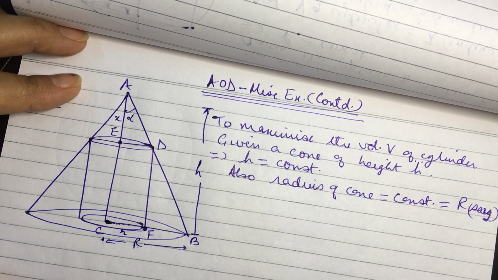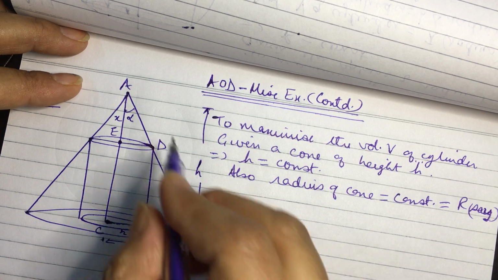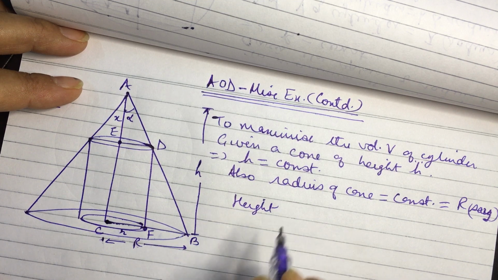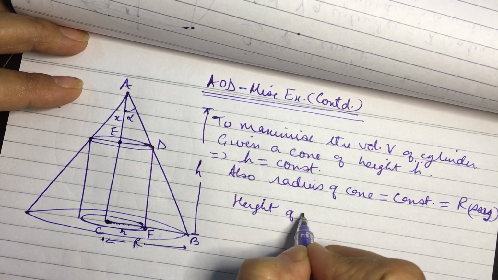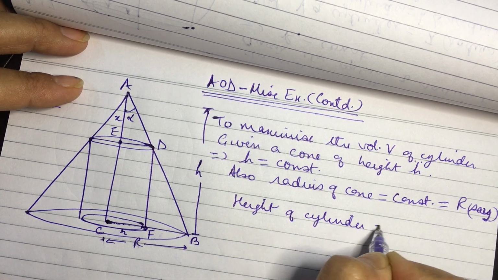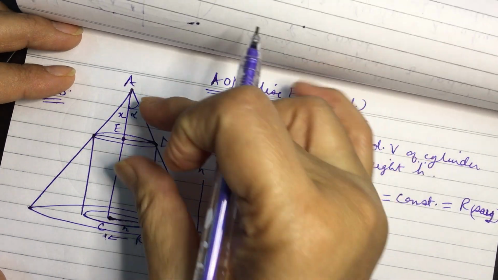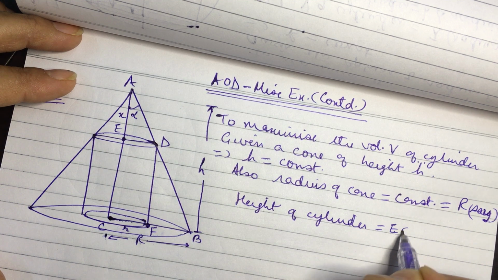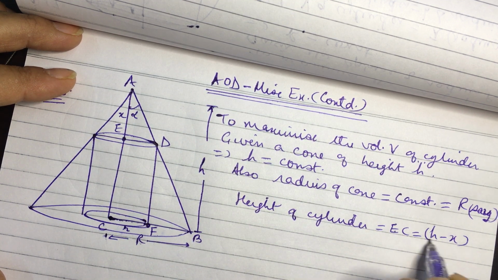Now the height of the cylinder is equal to EC, which is h minus x.